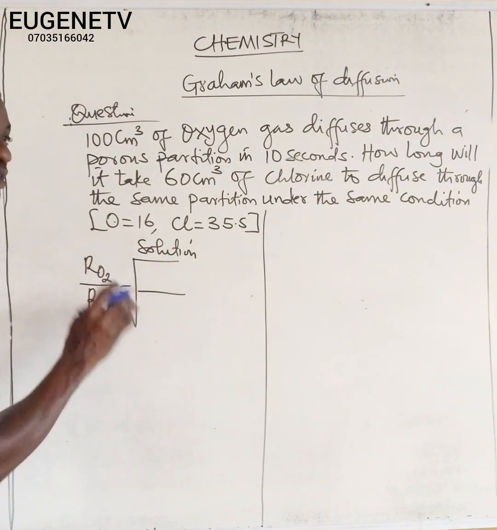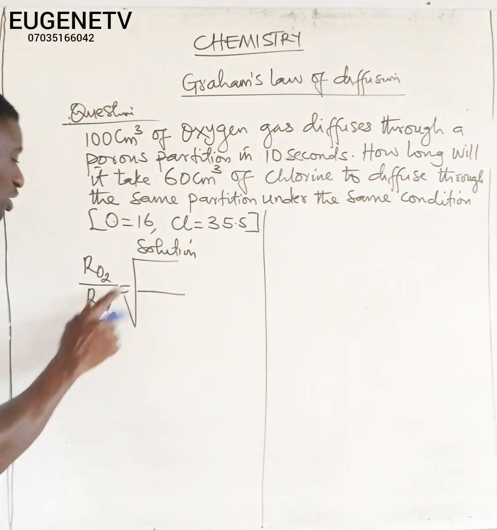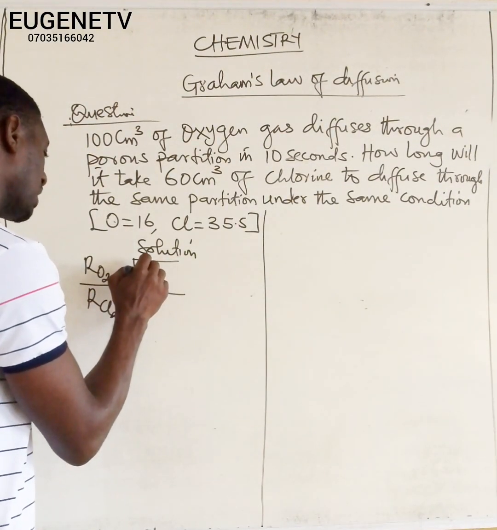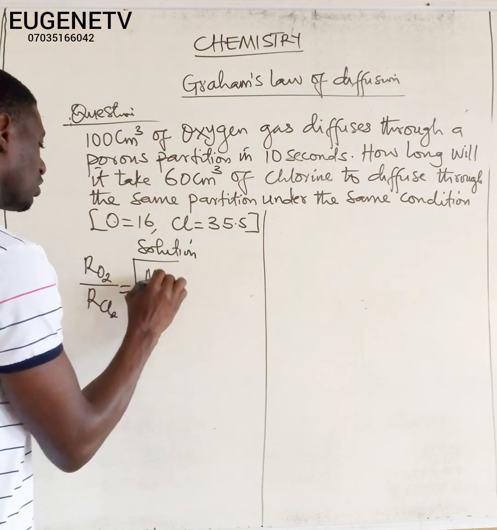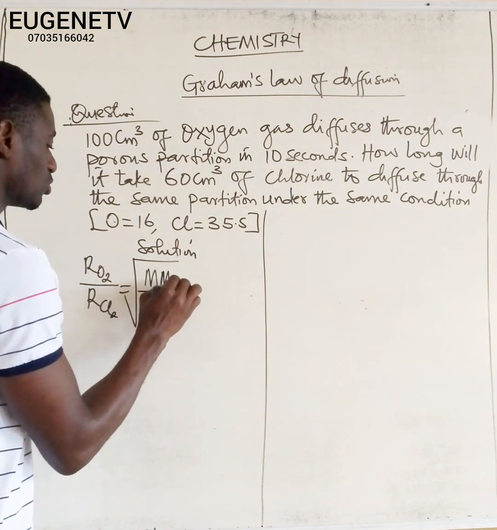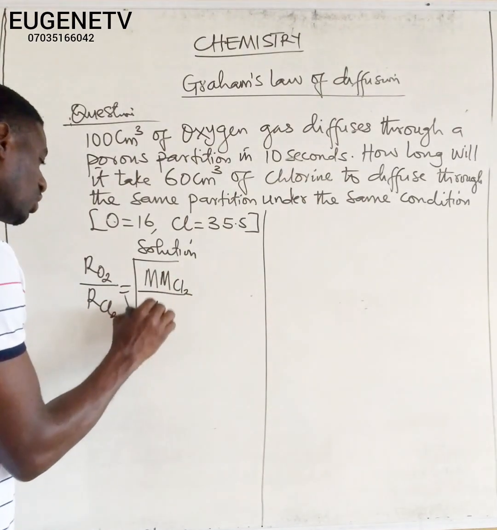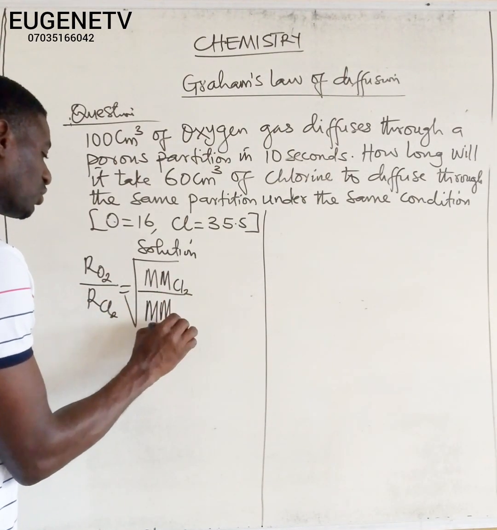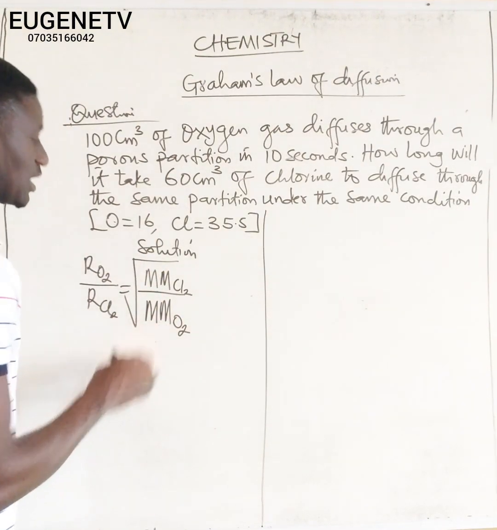Since the rate of diffusion of a gas is inversely proportional to the square root of its molar mass, we are going to have the molar mass of chlorine on top here. M_m Cl2 simply means molar mass of chlorine, whereas we are going to have molar mass of O2 here. Of course, M_m O2 simply means molar mass of oxygen gas.